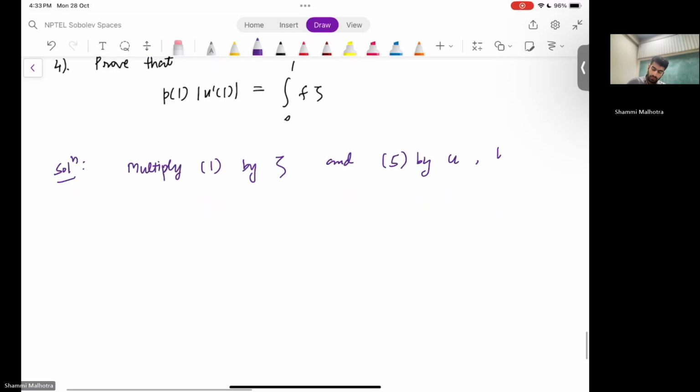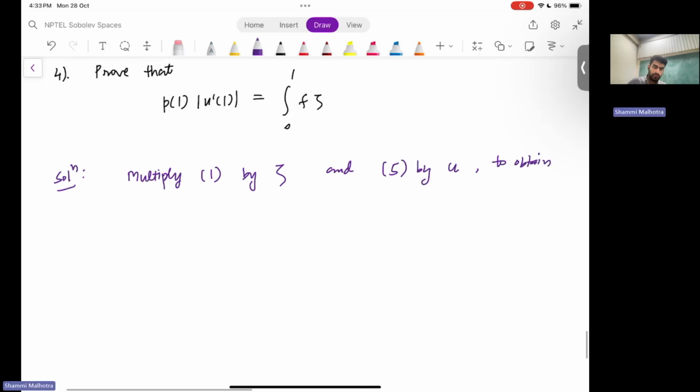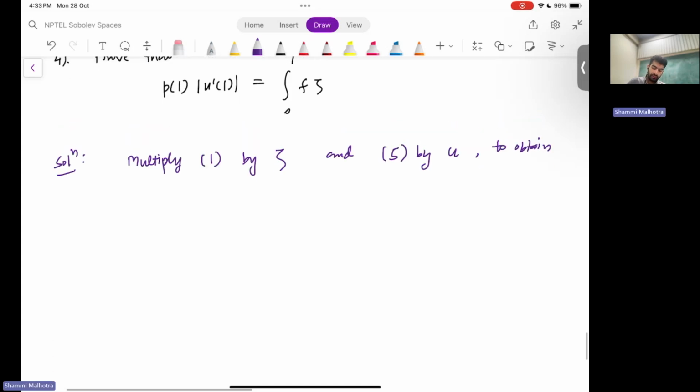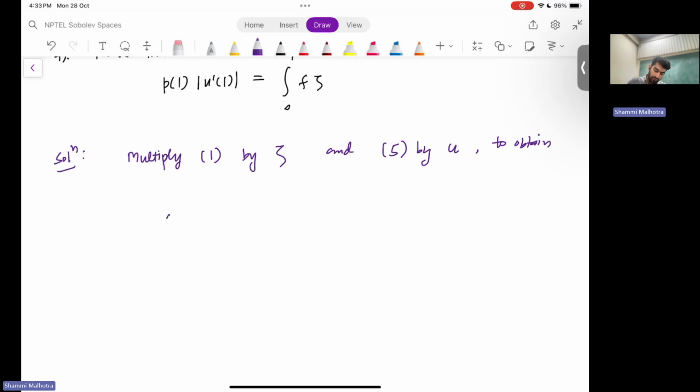First, since I'm multiplying 1 by zeta, this will give me, after integration by parts, integration 0 to 1 p u dash zeta dash plus integration 0 to 1 q u zeta equal to integration 0 to 1 f zeta.